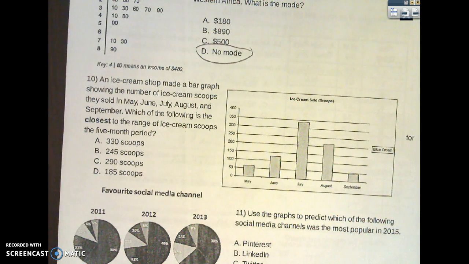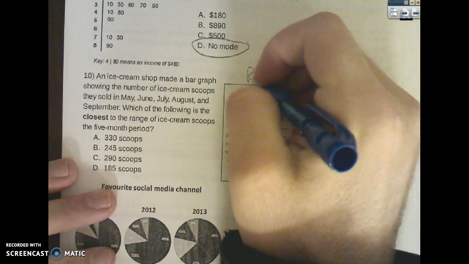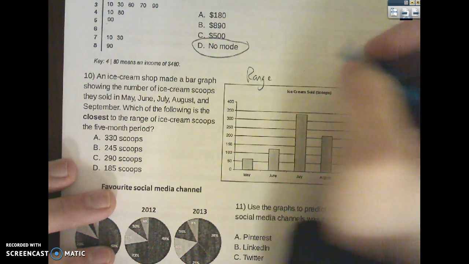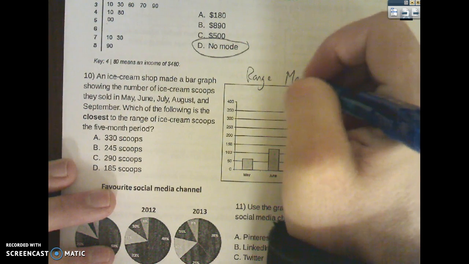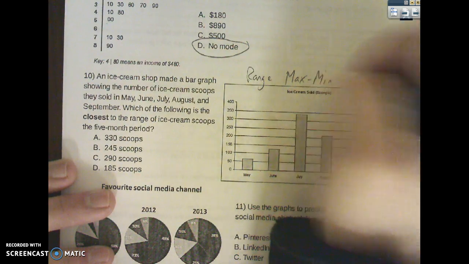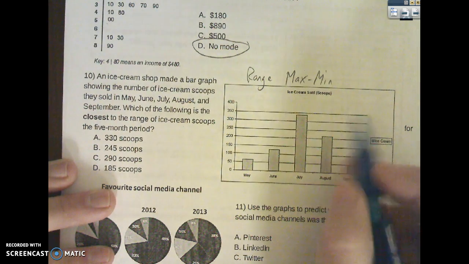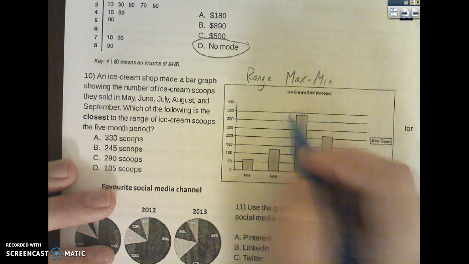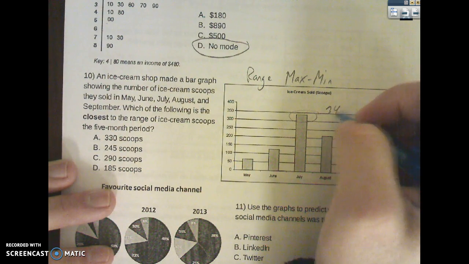Number 10. An ice cream shop made a bar graph showing the number of ice cream scoops they sold in May, June, July, August, and September. Which of the following is the closest to the range of the ice cream scoops for the 5-month period? One more time, because I can't help you with this on the test: range is high or max minus min. So this is roughly right here, my max, which is about 340.